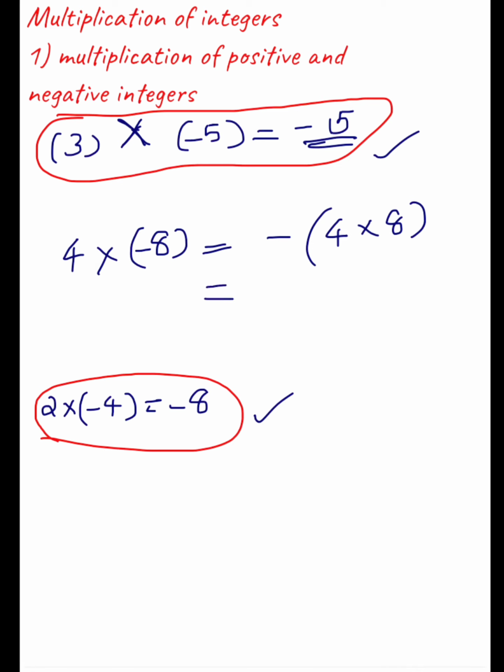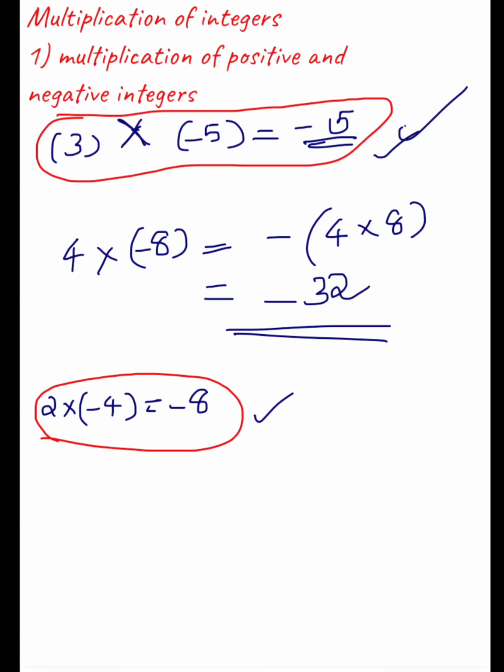So the answer will be minus 32. 4 into 8 is 32, so the answer will be minus 32. Here also we have done it in the same way. 3 into minus 5 means first we multiplied 3 into 5, that is multiplying as whole numbers.